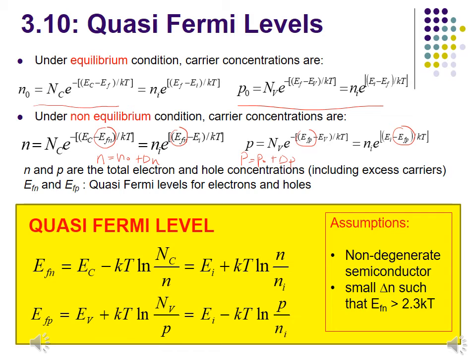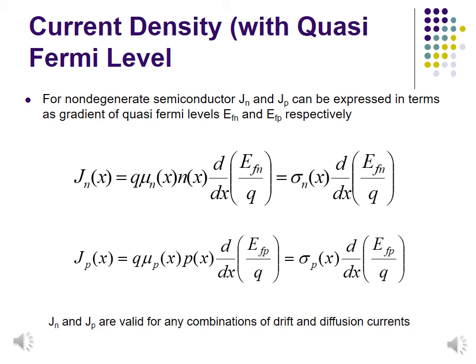Solving these equations, we have the equations for EFn and EFp here. Note that using these equations, we assume that the semiconductor is non-degenerate and the excess carriers generated are not so high that it loses the non-degeneracy of the material. With the quasi-Fermi level, the current densities for electrons and holes can be calculated using these equations.